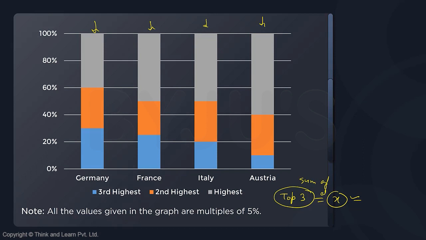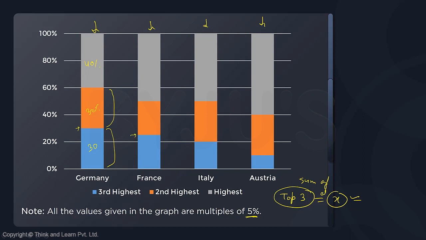Alright, so it's a stacked bar graph. So how do you read it? This is basically 0 to 30. This is 30 to 60, so 30%, right? And this is the remaining 40%. Similarly, we can calculate for others. All the values are multiples of 5%. So we can safely assume that it is between 20 and 40 exactly.